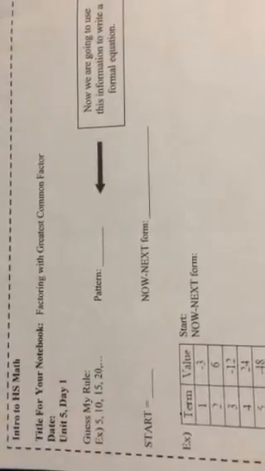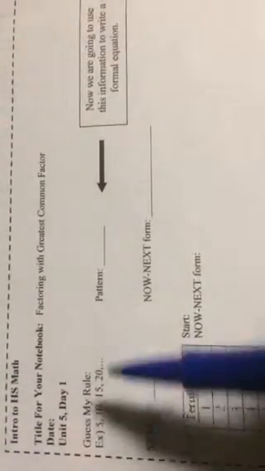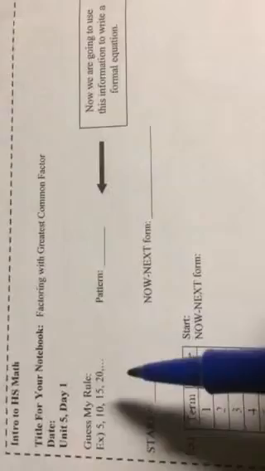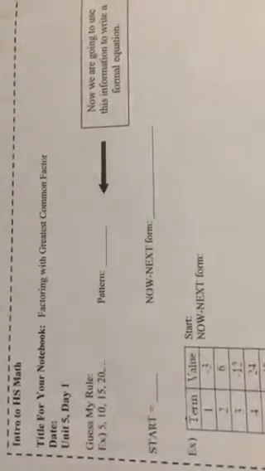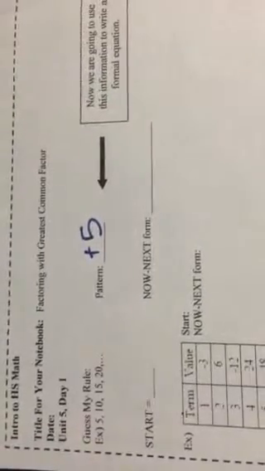So the first example that we're looking at is 5, 10, 15, 20, and you have to figure out what the rule is to get from 5 to 10, 10 to 15, and 15 to 20. Of course the rule would be that you add 5 every time. So we're going to put plus 5 right here. The number that we started at was 5, so we're going to put 5 in the start area.